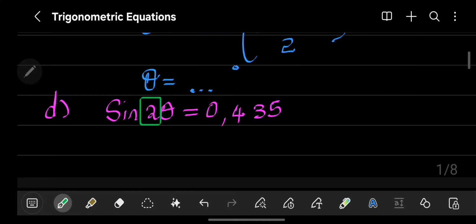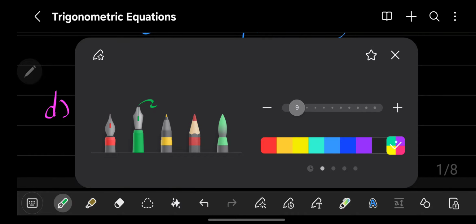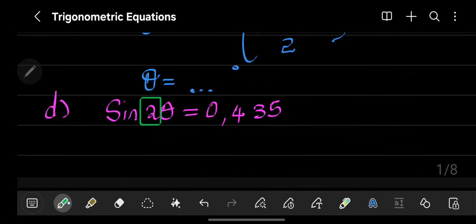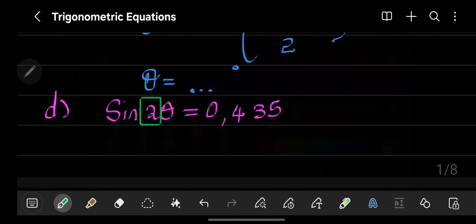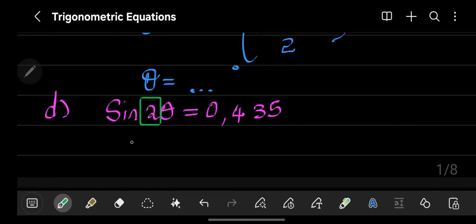But now our 2 is attached to what? To our angle, which is theta, right? Then how do we remove it if it's like that? So this is how we are going to deal with it. If it's like that, you're just going to remove the trigonometric ratio first.